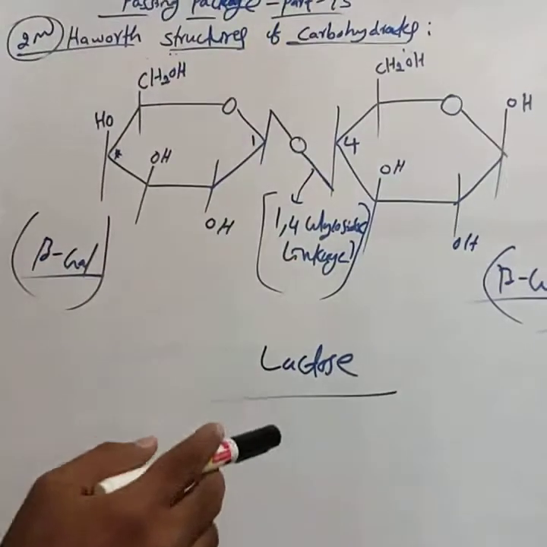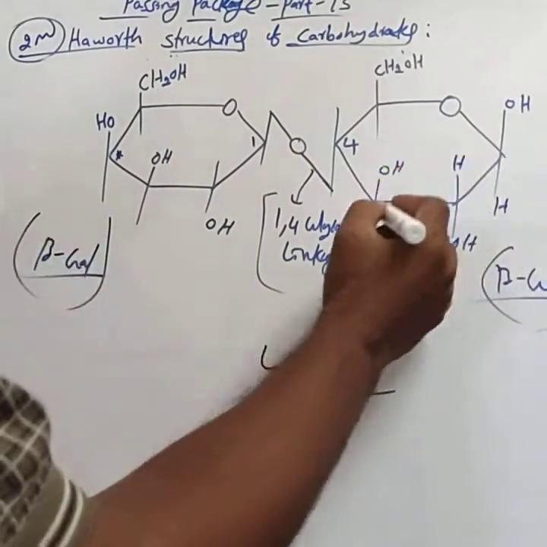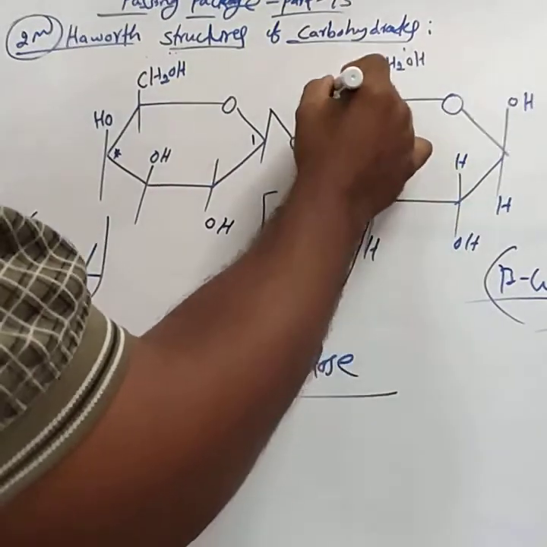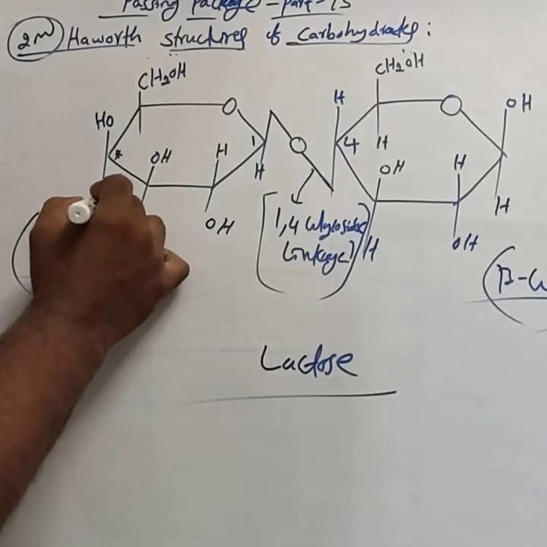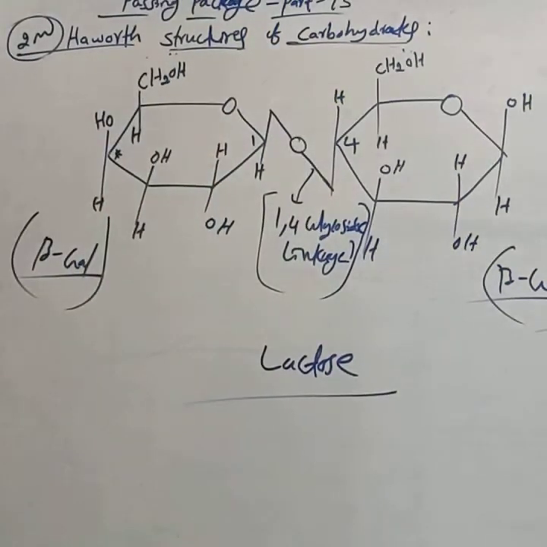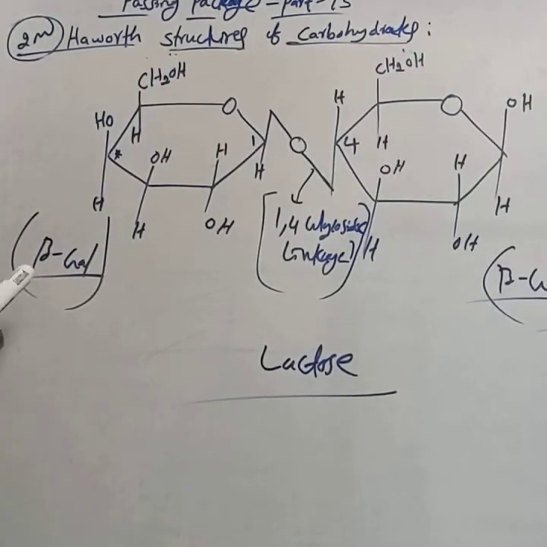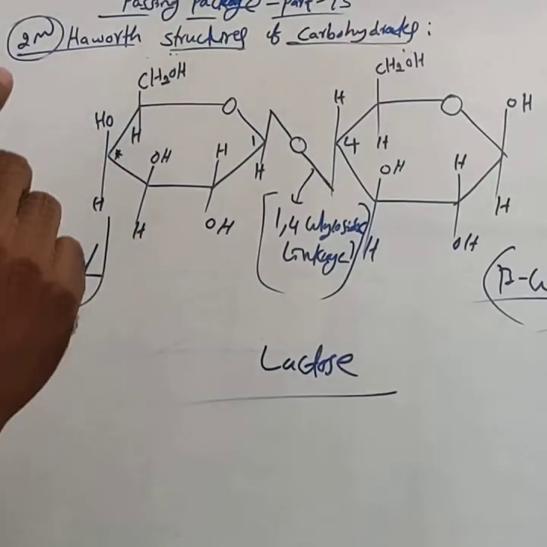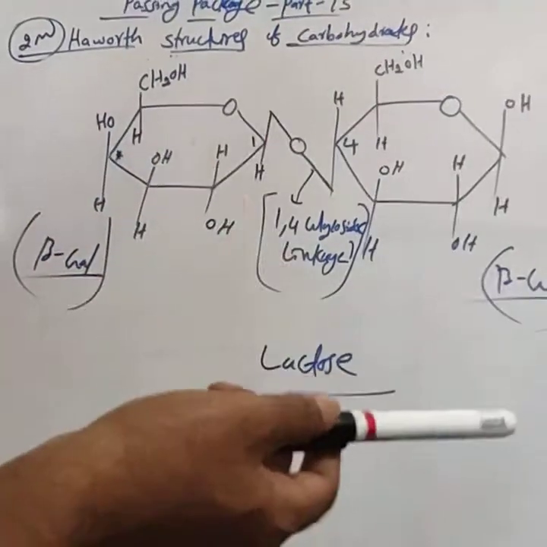Then you fill the remaining corners with hydrogen atoms. This is about lactose. If you know the glucose and galactose molecules, you can write the structure of lactose. To write maltose, you have to know only the structure of glucose. In maltose, both are alpha. In lactose, they are beta galactose and beta glucose.